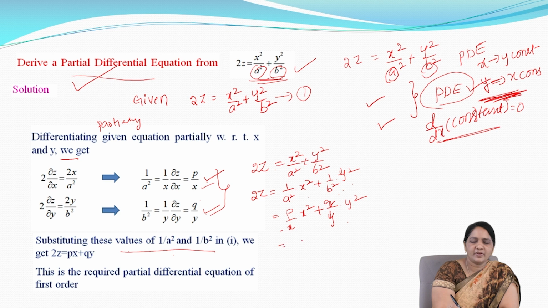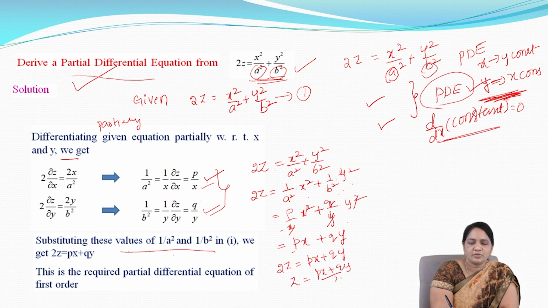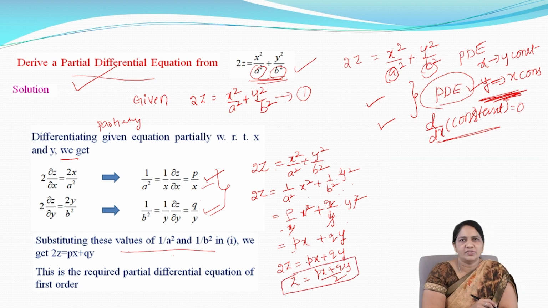Now I am simplifying this. p by x into x square means one x will be cancelled, so px. Here also y square and y are there, so one y will be cancelled, so qy. So finally I got 2z equal to px plus qy. I can write this as z equal to (px plus qy) by 2. So this is our required partial differential equation.